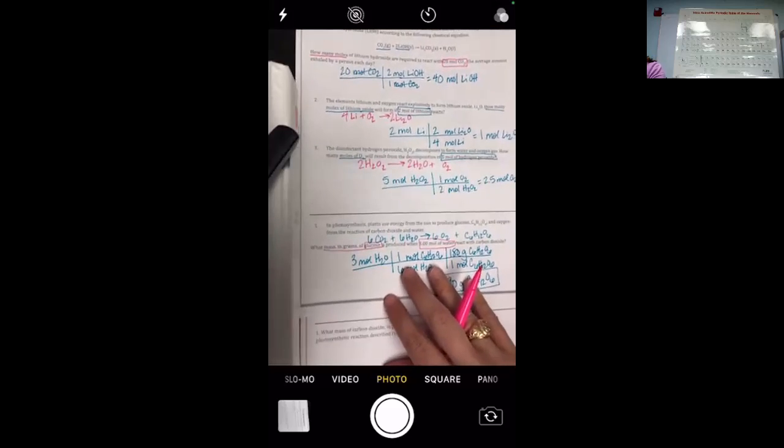So we'll come back to this equation. I'm going to put this here. Okay, so practice, it says practice 2. So we're reacting 3 moles of water, and we're going to find the mass of CO2, the mass of carbon dioxide.